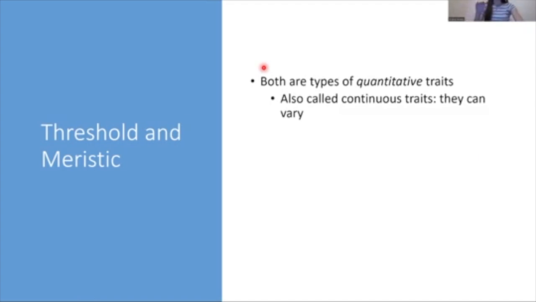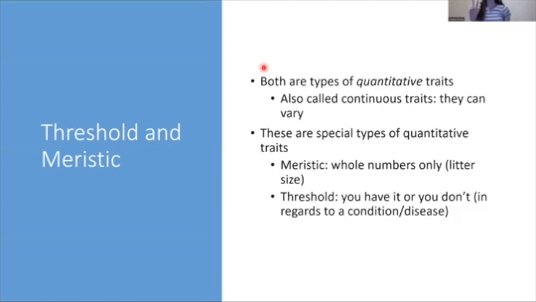We know that there's not like a dominant height and a recessive height, which would be qualitative traits if you're talking about two options, dominant versus recessive. Quantitative traits, you have a lot of range in between. So people aren't 6 feet tall or 3 feet tall. We know that there's that huge range in between where they can be a lot of different heights. And that makes it a quantitative trait. It's continuous. It can vary a lot more than just dominant recessive.